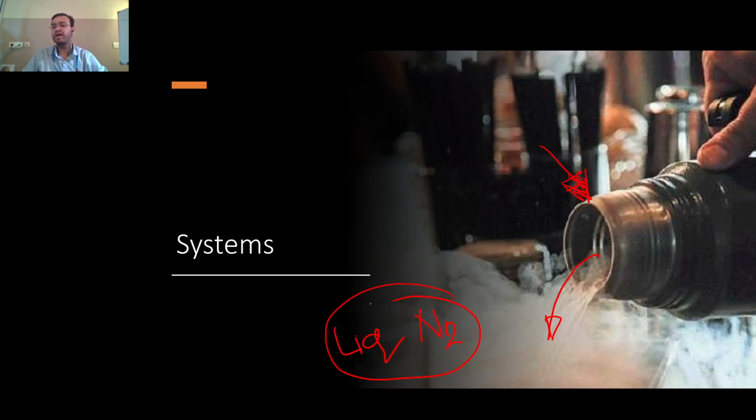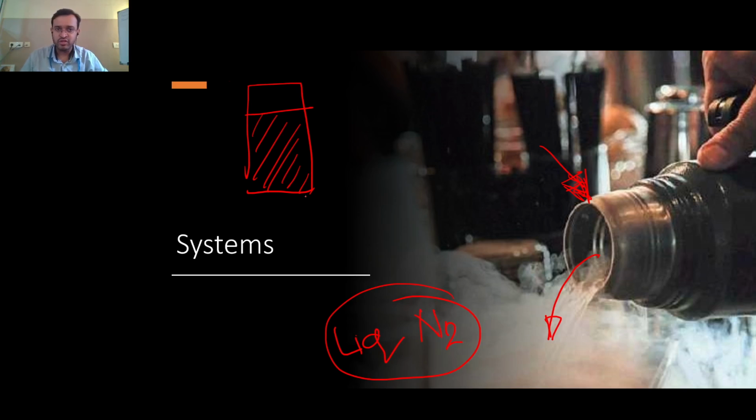So there's liquid nitrogen pouring out of this thermoflask. Now, if there's liquid nitrogen flowing out of the thermoflask, you probably would understand that the contents are really cold. Now, if you close this thermoflask, the liquid nitrogen is still trapped inside.